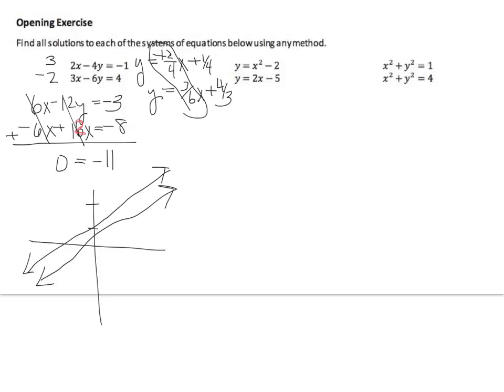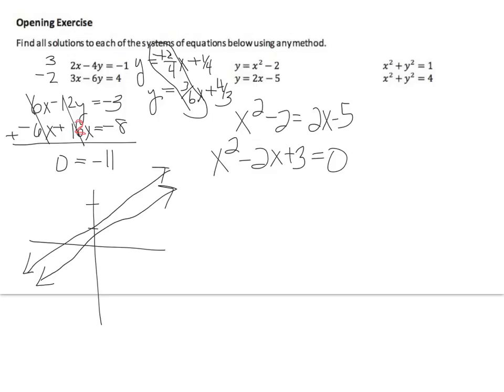Let's try this next one. I'm going to go ahead and substitute and just set those equal to each other. They're both set equal to y, so I can set them equal to each other. If I move everything to the left side, x squared minus 2x plus 3 equals 0.